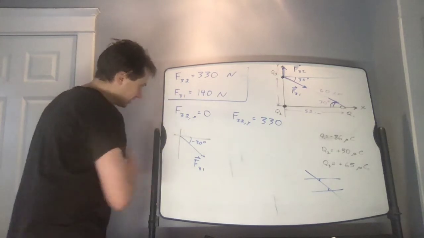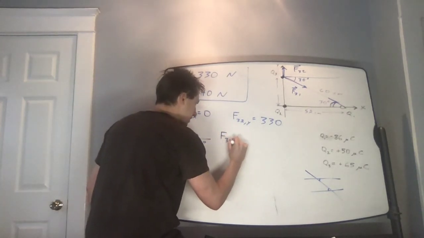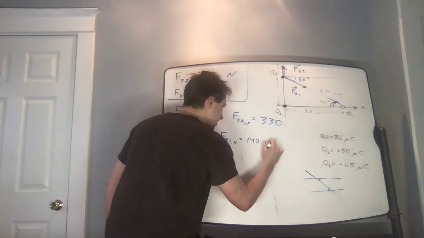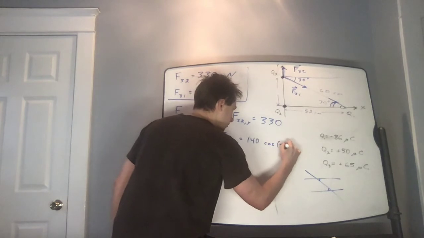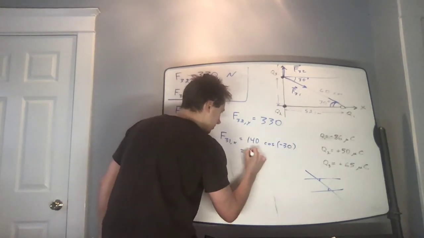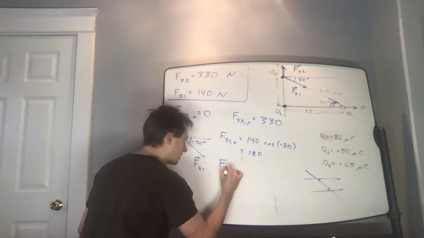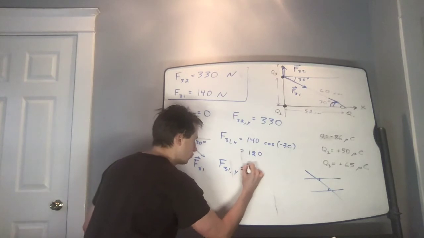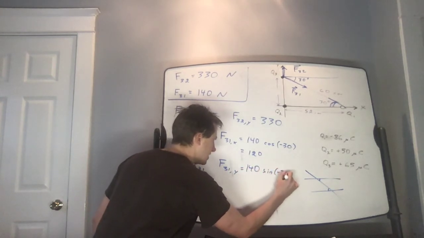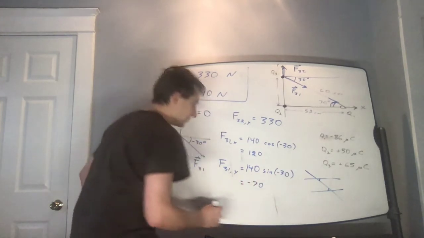So I could look at this and say the force on 3 from 1 in the x direction will be 140 cosine negative 30. I put that in a calculator and I get that is going to be 120. I could say the force on 3 from 1 in the y direction will be 140 sine negative 30. And I put that in a calculator and I get negative 70.